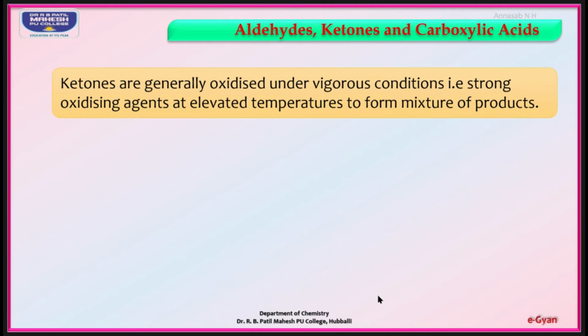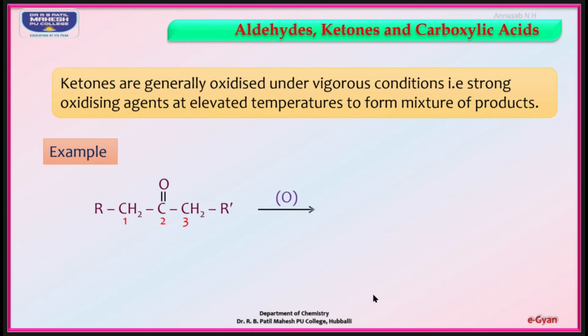products. For example, in a ketone there are 3 carbon atoms, and the first and third carbon atoms are linked with R and R dash groups. Upon oxidation, there is a cleavage of the bond between carbon number 1 and 2 or carbon number 2 and 3 to give different products.